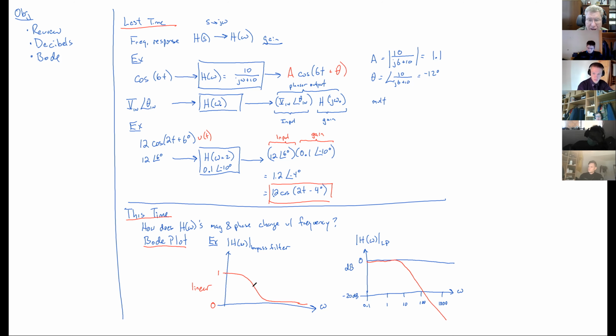Remember, this is a lot of math, right? What we're doing here is we're evaluating the magnitude of 10 over j omega plus 10. And that's pretty hard to do. But what I just did over here is that exact same thing, numerically accurate just by sight. And you'll get to do this by the end of the class. But before we do, I have to first talk about what the heck this dB thing is.